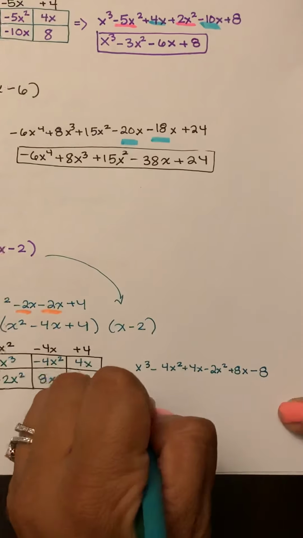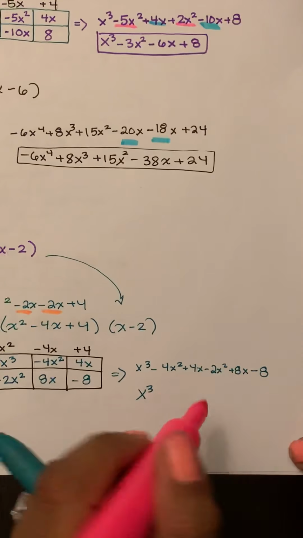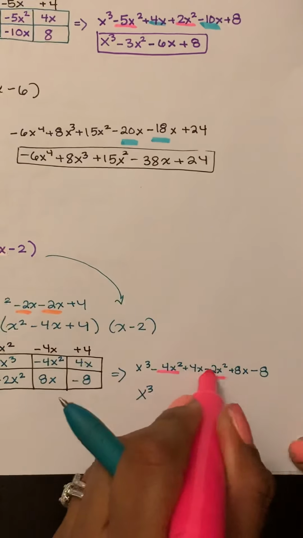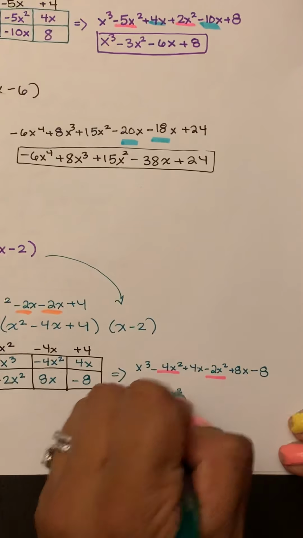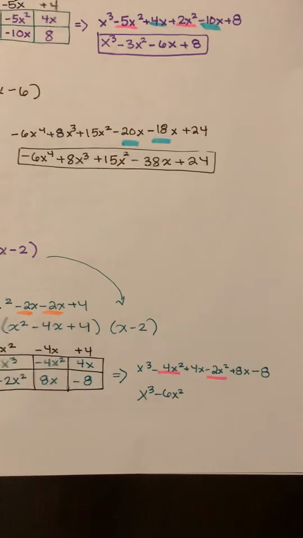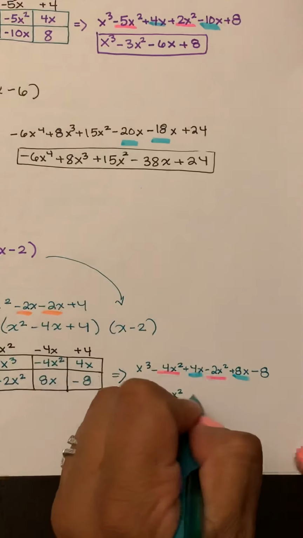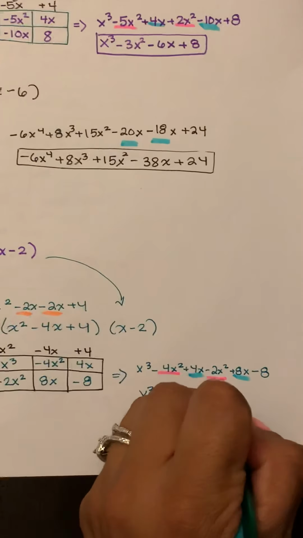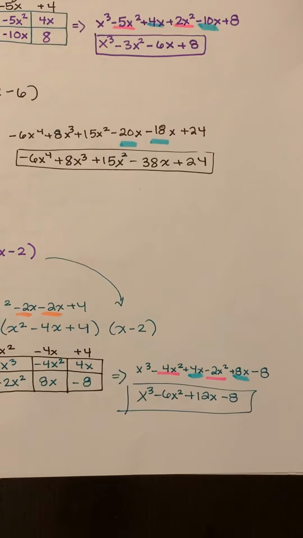We can bring down this x cubed. And it looks like we have a negative 4x squared and a negative 2x squared. So they're both negative. That makes it a negative 6x squared. And then you'll notice that we have 4x and positive 8x, which is 12x minus 8. There's your final answer.